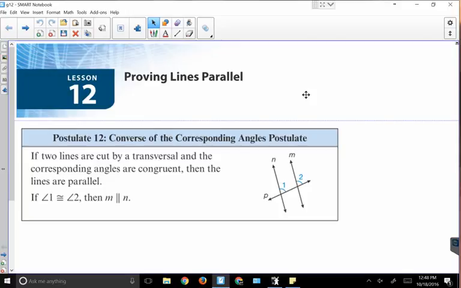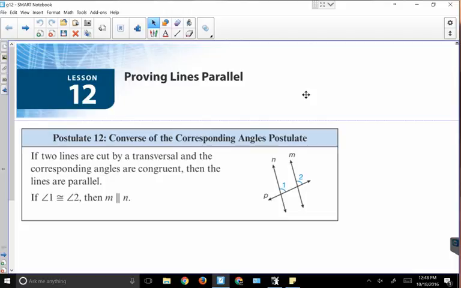Okay? So again, it's the idea that you've got it in your head that if you've got two angles that are corresponding and they're congruent, lines are parallel. Lines are parallel, you're going to have congruent angles. Okay? Sort of kind of makes sense in an odd sort of way.